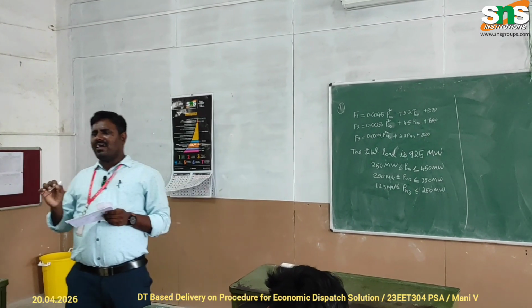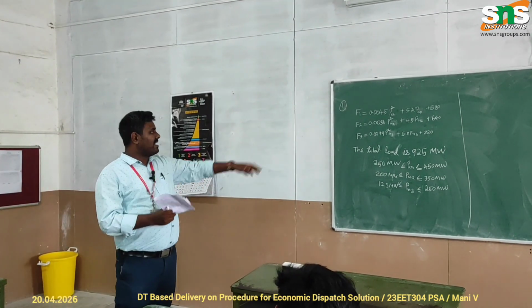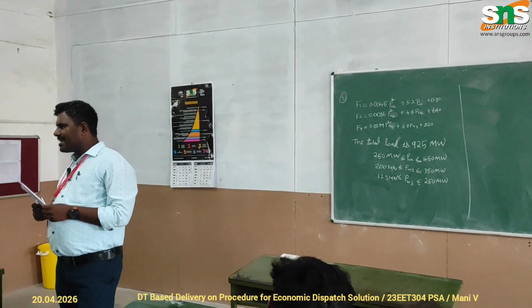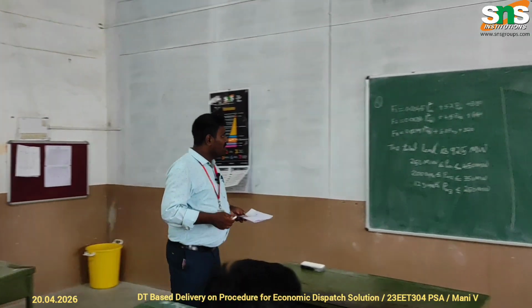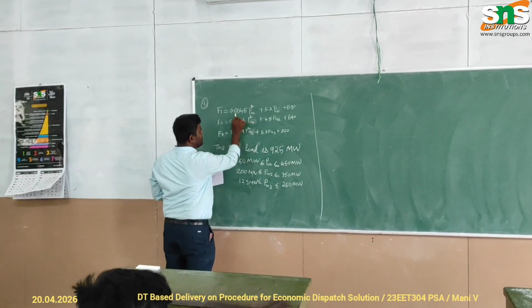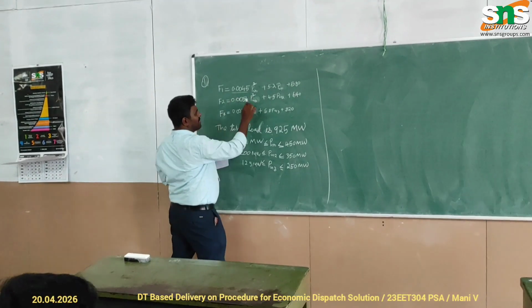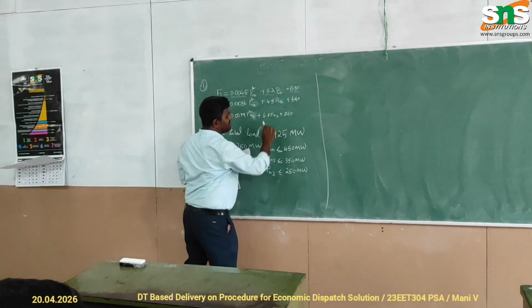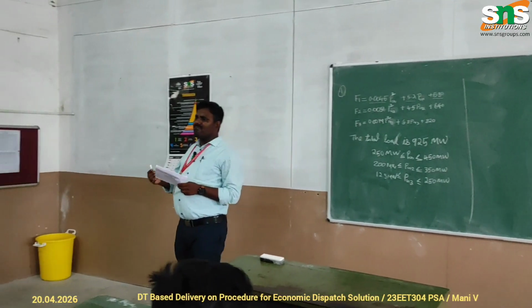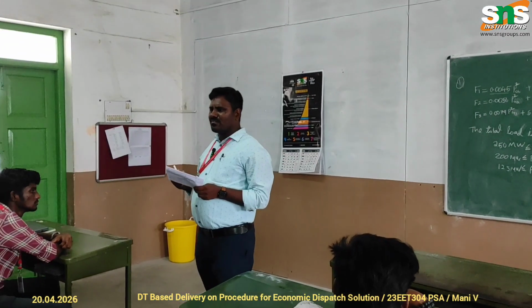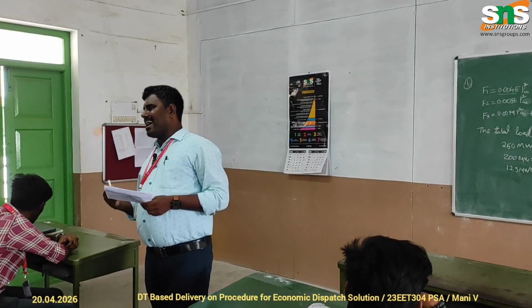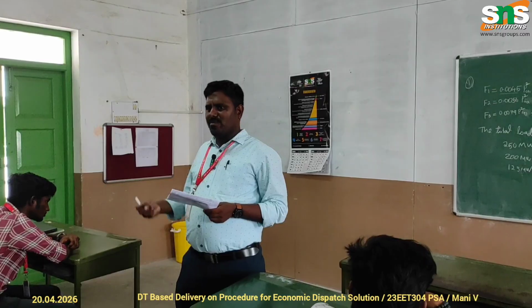Here the Bi and ai are taken from the fuel cost equation. This is the a coefficient, this is the B coefficient, and this is C. Like that we can get the values of ai, Bi, and Ci from the fuel cost equation. Okay.